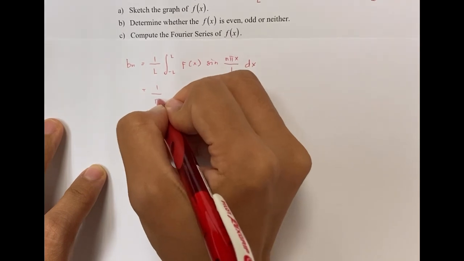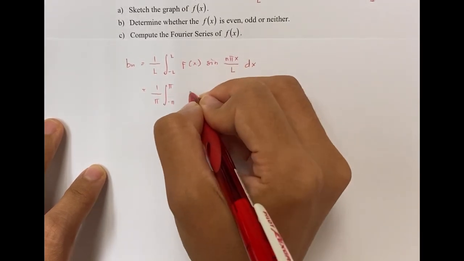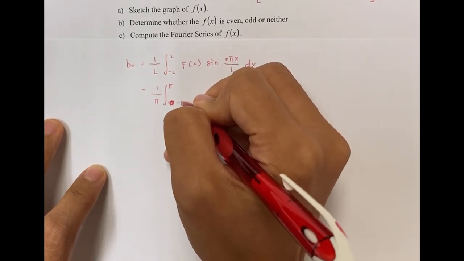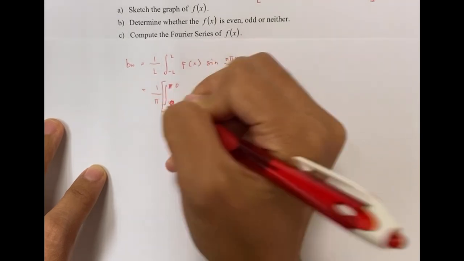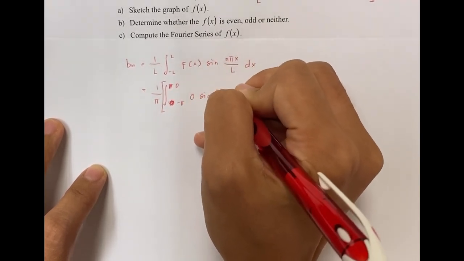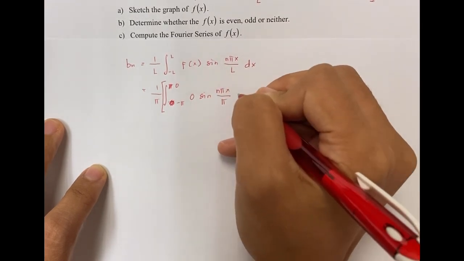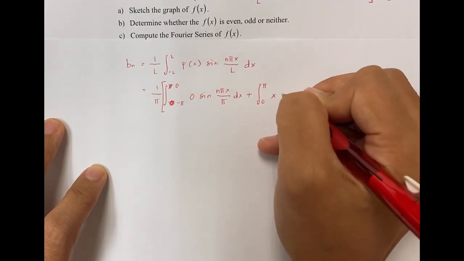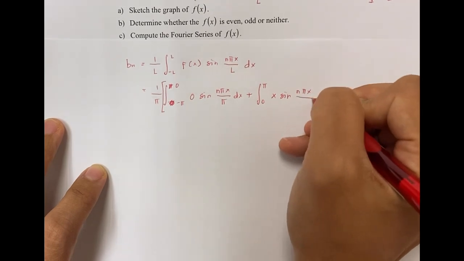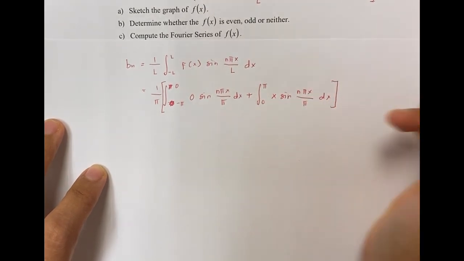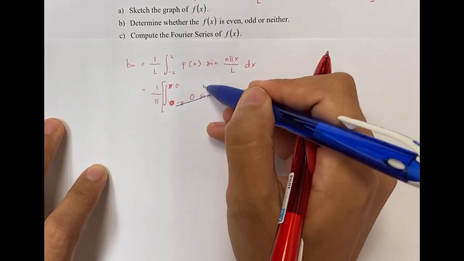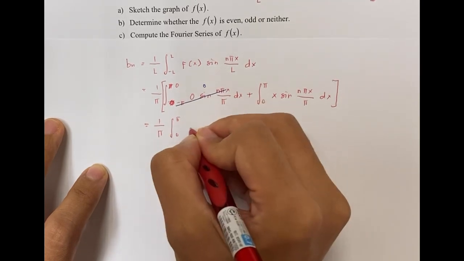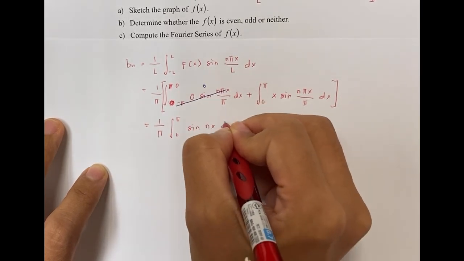So 1 over pi, negative pi to pi, f(x) is, negative pi to 0, 0 sin(n pi x over pi) dx plus 0 to pi x sin(n pi x over pi) dx. For this side we have 0. So 1 over pi, 0 to pi x sin nx dx.